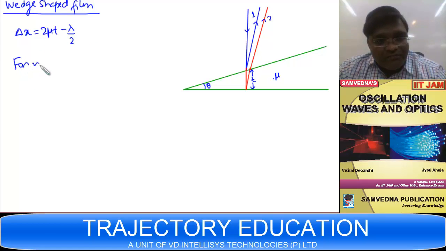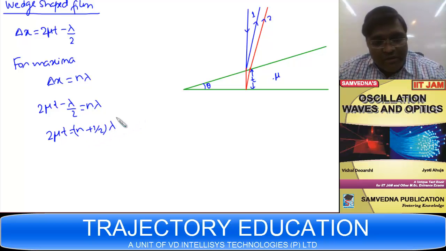For maxima, this path difference should be equal to n lambda, or 2 mu T will be n plus half lambda.